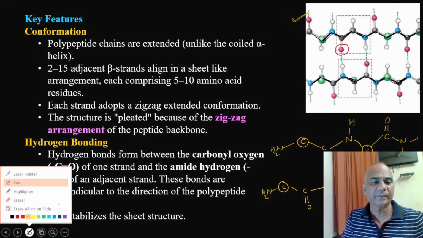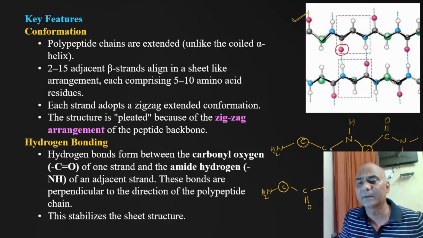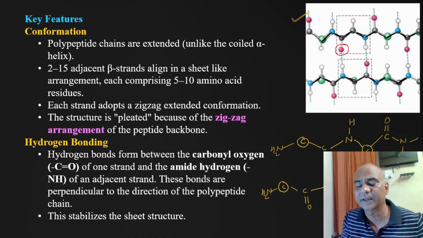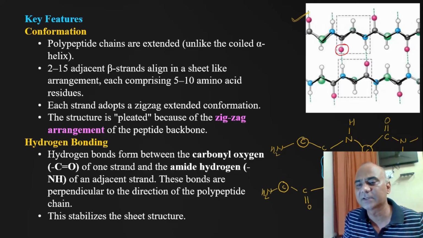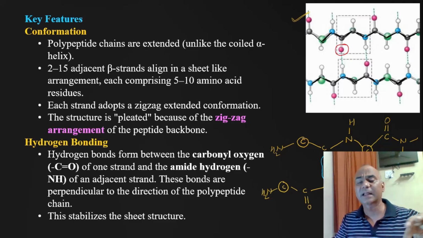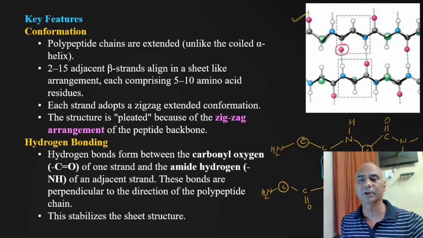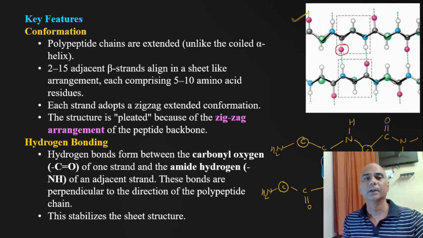You can see that whenever the carbonyl oxygen of a polypeptide chain comes near to the hydrogen of an amide of another polypeptide chain, this makes hydrogen bonding between these two polypeptide chains. This is the hydrogen bonding. Whenever hydrogen lies between two highly electronegative atoms, this hydrogen makes a weak bond, a hydrogen bond.